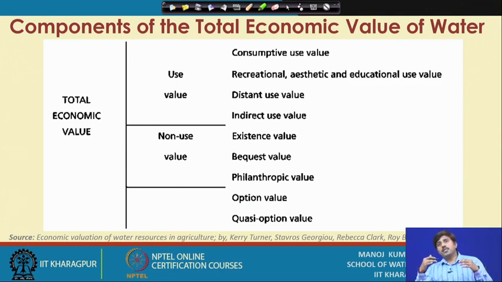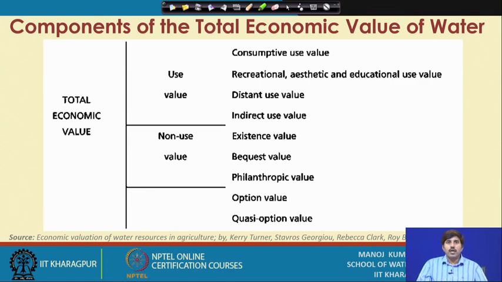It is not a worldwide recognized classification that such and such thing will fall under use value and such and such under non-use value. Of course, there are basic rules which say this is use value and this is non-use value. However, there are certain option values which at times people consider under use values. A few sources consider them under non-use values, and a few consider them a separate value.